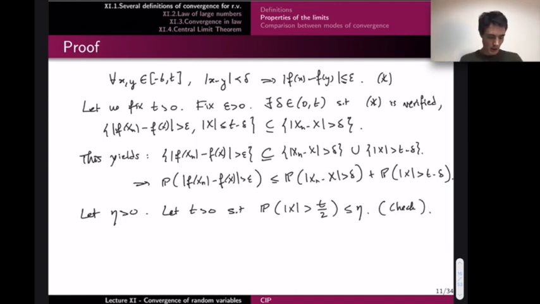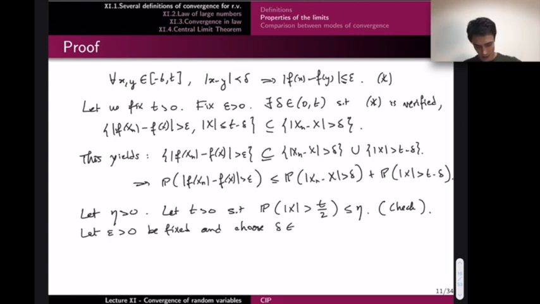Then let epsilon be fixed. I should prove the convergence for any epsilon anyway, so let epsilon here be fixed and choose delta in (0, t over 2) satisfying star.